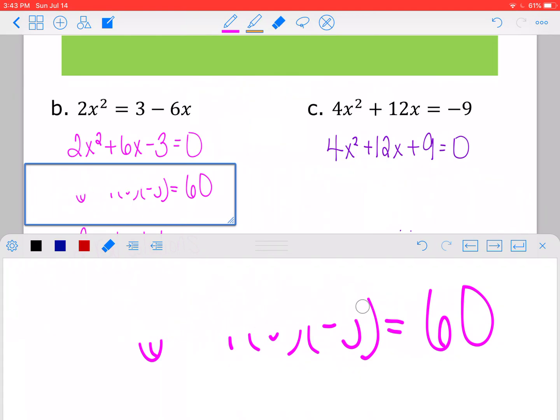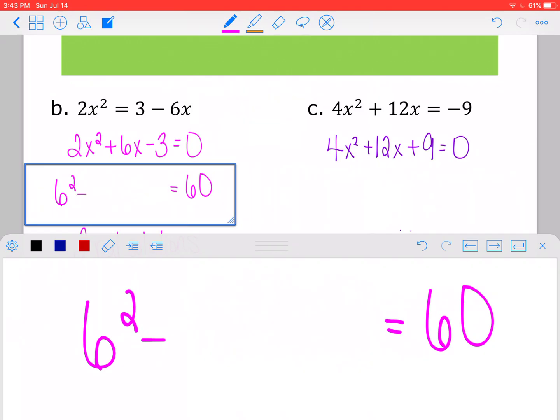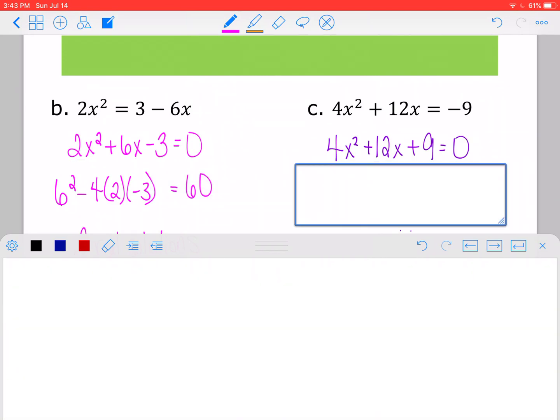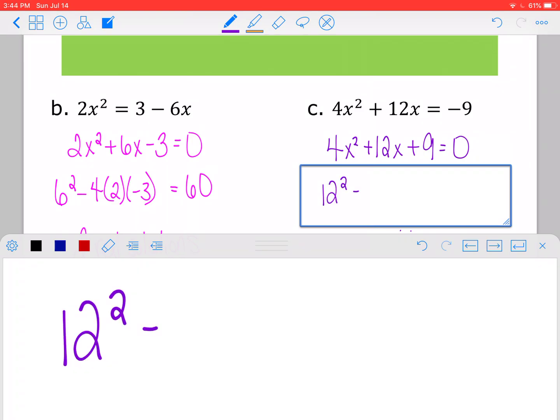Okay, so over here we've got b squared minus 4ac, and that gives us 0, which tells us that there is one real solution. Okay, last concept. What a mess.